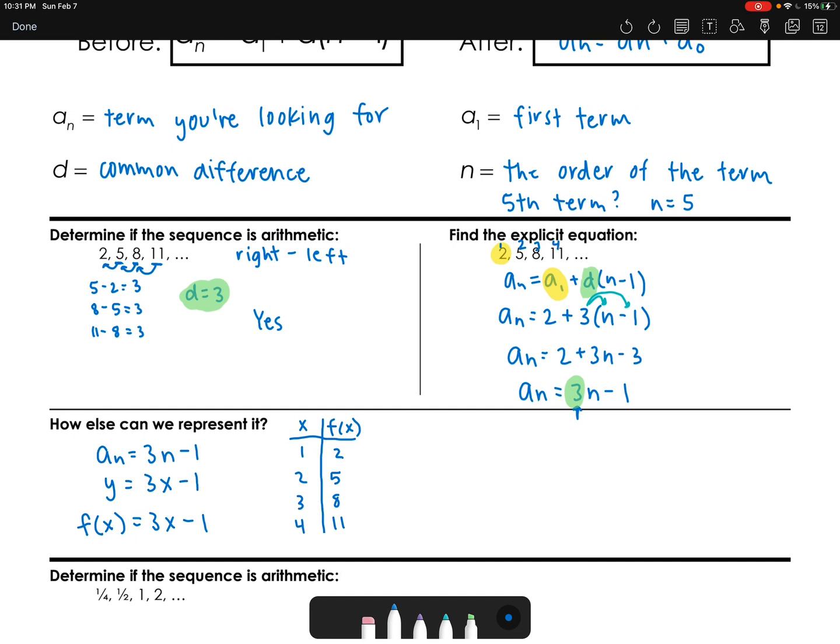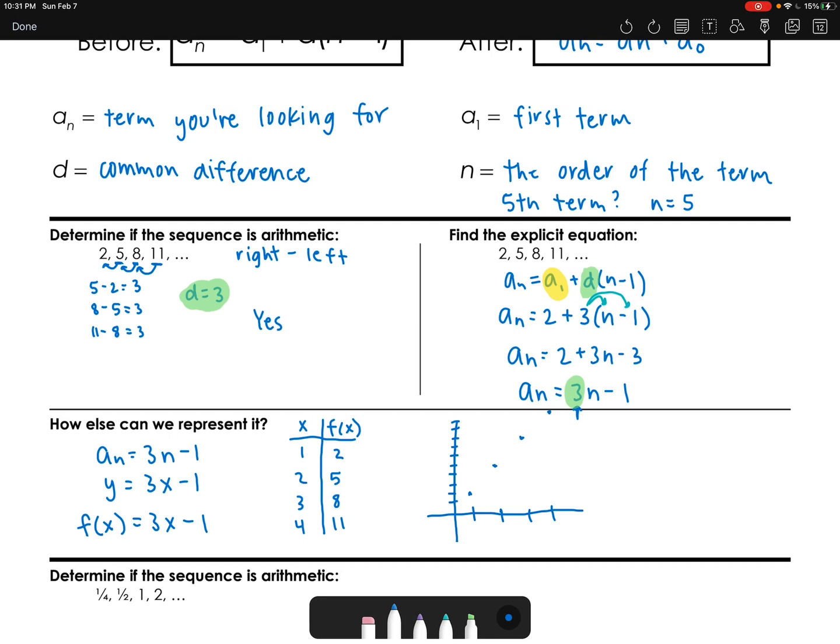And so if we were to then graph that, we're only dealing with positive x values here, right? Because positive whole numbers 1, 2, 3, 4. And then if we were to make our y-axis something like this, we would plot these points. 2, 5, something like that. 8, somewhere around there. And then 11 might be off the chart a little bit.